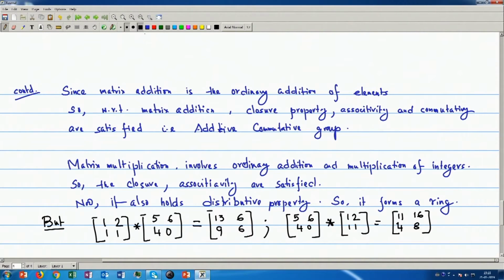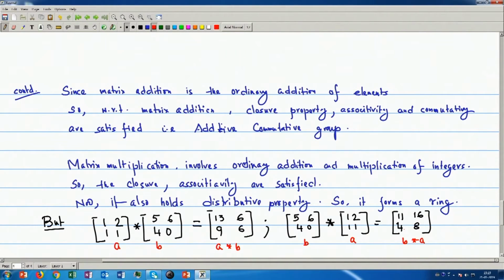So, what we see is that if A is a 2 by 2 matrix and B is a 2 by 2 matrix, this is A star B, and this is B star A, and these two are not equal.